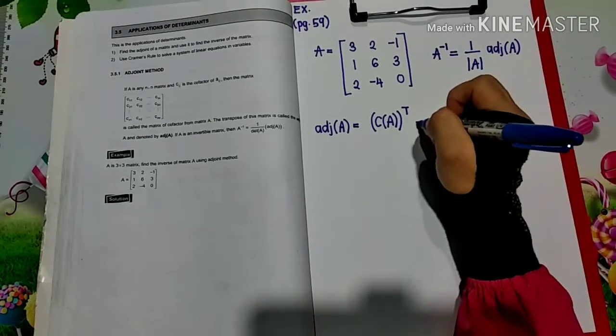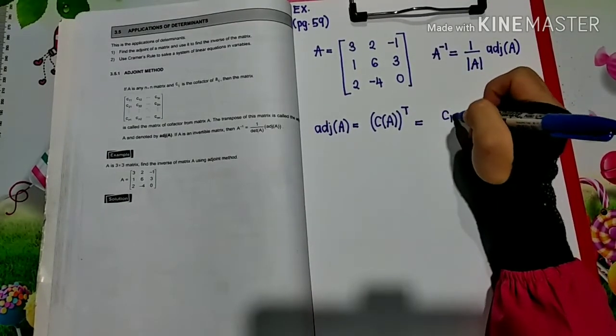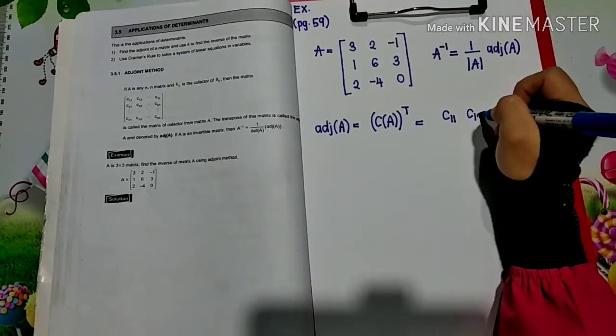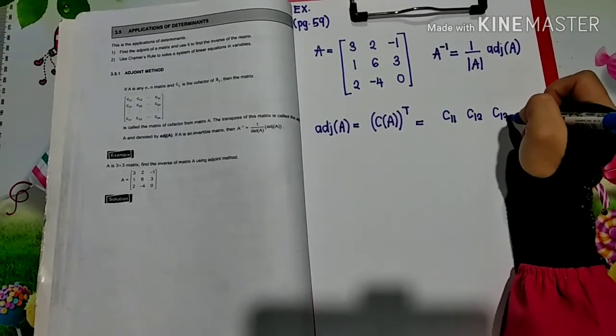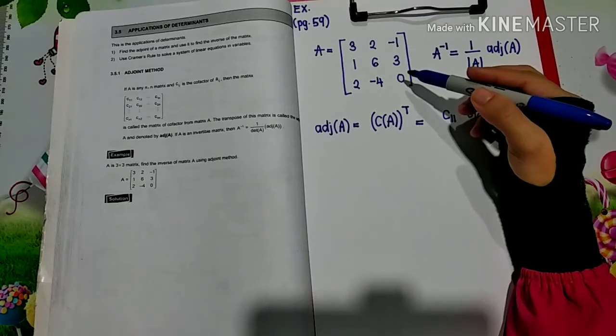So cofactor of A is C11, C12, C13, because our matrix here is a 3 by 3 matrix.